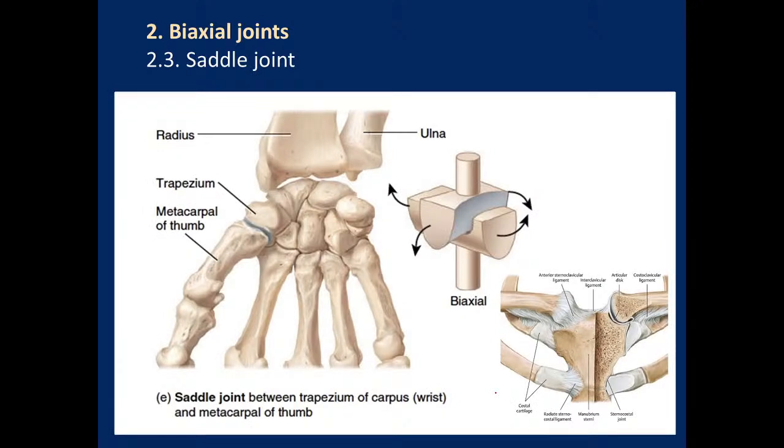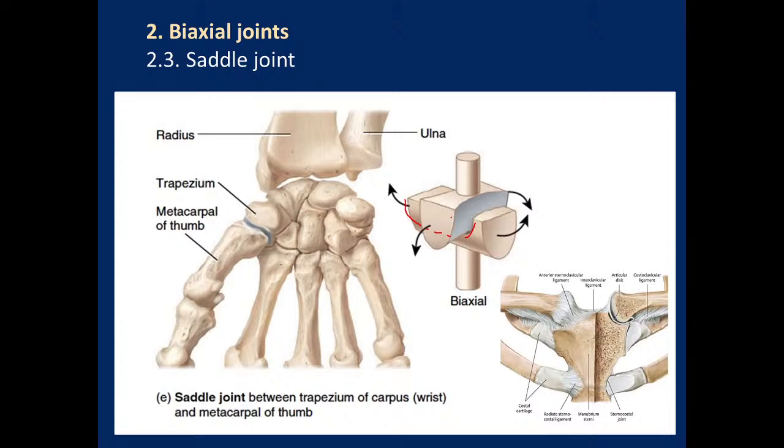The saddle joints, or sellar joints. The articular surface of one bone is saddle-shaped, like here, a saddle-shaped surface, and the articular surface of the other bone fits into the saddle as a sitting rider would sit.